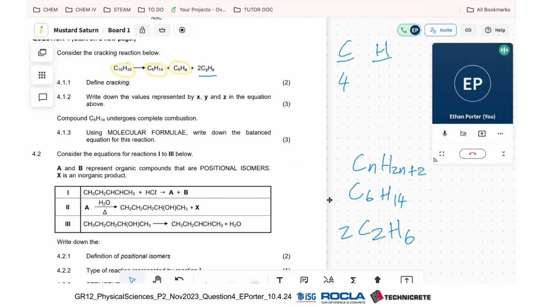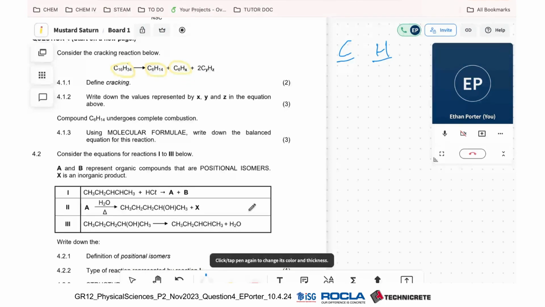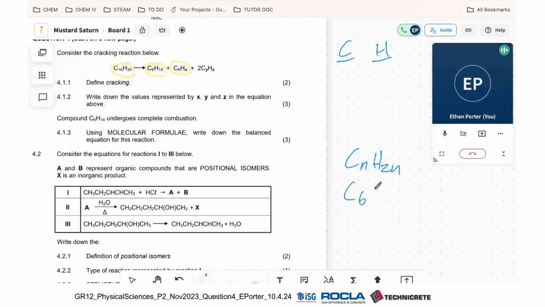So that means our initial assumption was incorrect, and this molecule here is not an alkane. It might be an alkene. So let's try it. If we remember, an alkene is CnH2n. So if we have C6, C6, H12, okay. Let's keep a running total of our carbons.